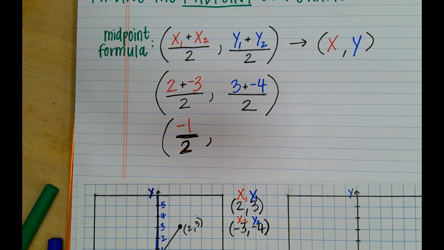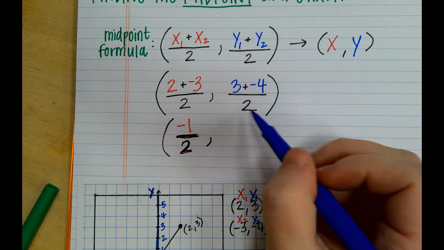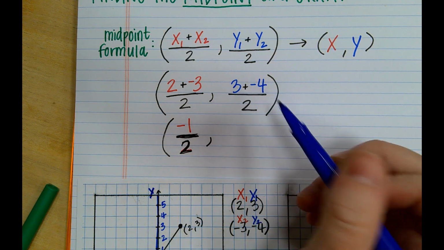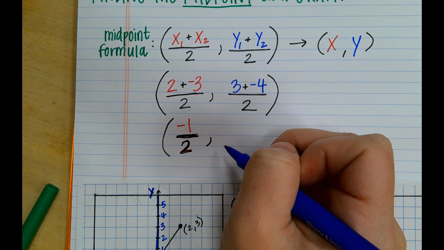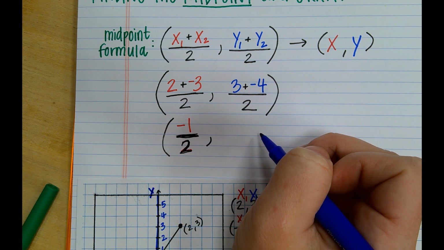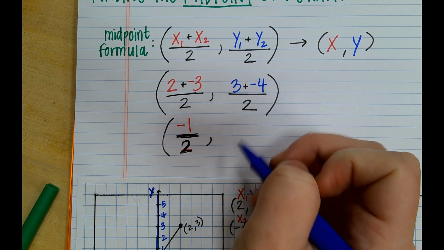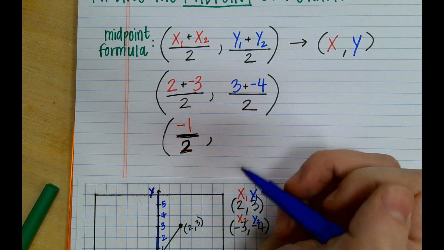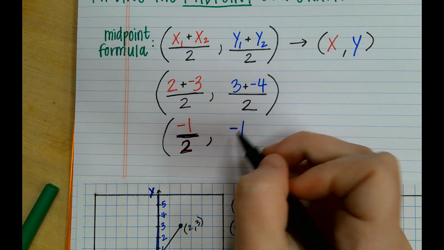And how about 3 plus -4? Or 3 minus 4? That's going to get me pretty similar to the first one. So if I have $3 in my bank account and then I spend $4, how much am I going to have in my bank account? -1. Good. So same number here. -1 divided by 2.